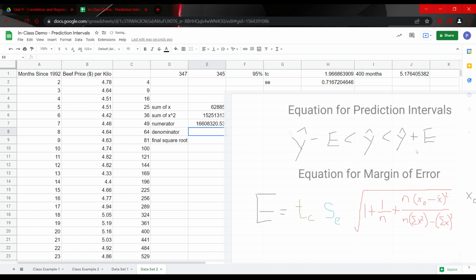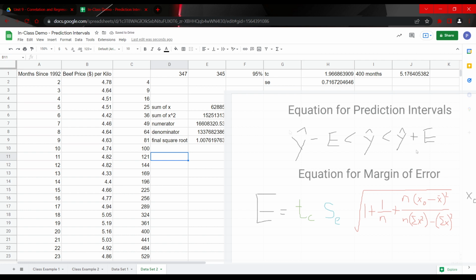The denominator is equal to n, so 347, let me do this in parentheses, times the sum of x squared, so this number, minus the sum of x to the power of 2. Good. We can now do our final square root, SQRT, 1 plus 1 over 347 plus the numerator divided by the denominator.